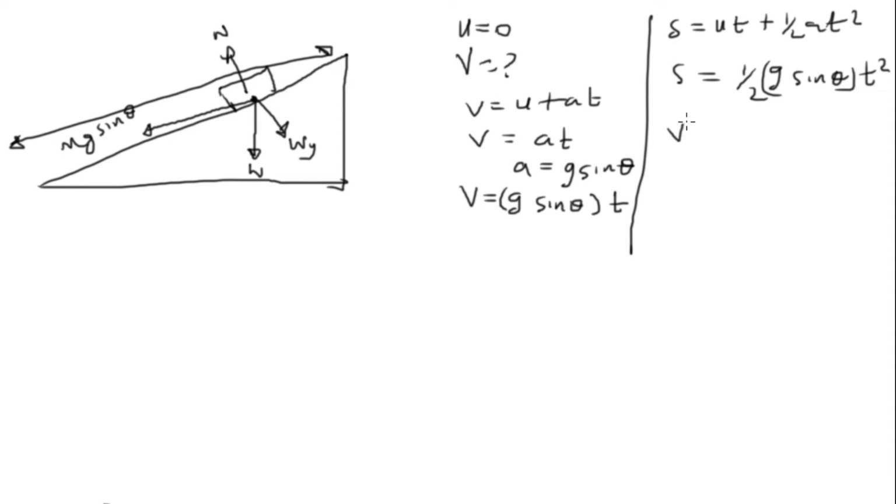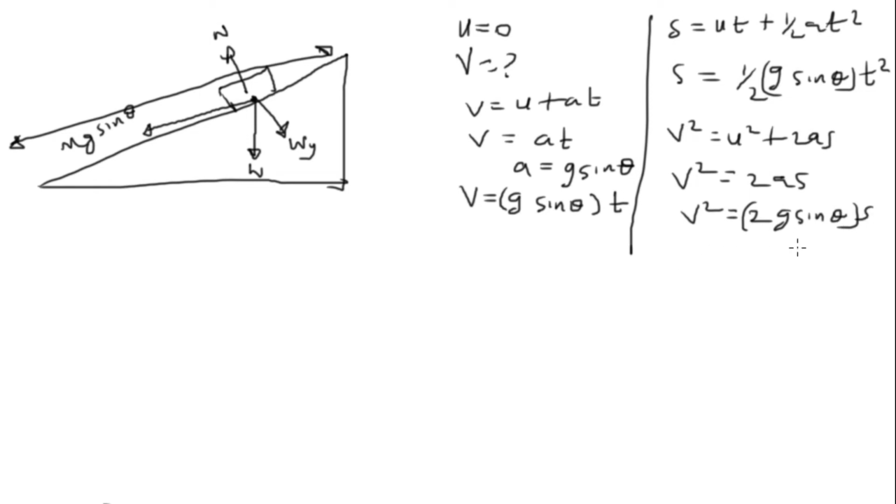Notice that you can also use v squared equals u squared plus 2as, where u is 0, so that v squared equals 2as. Notice that a is equal to g sine theta, so v squared equals 2 g sine theta multiplied by s.